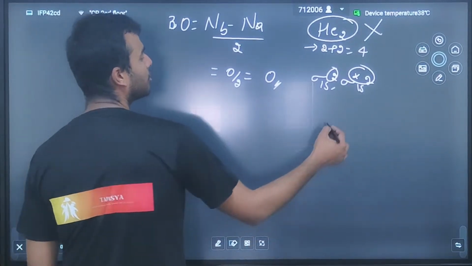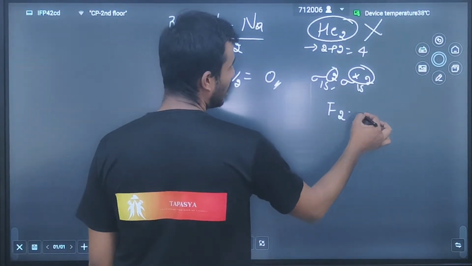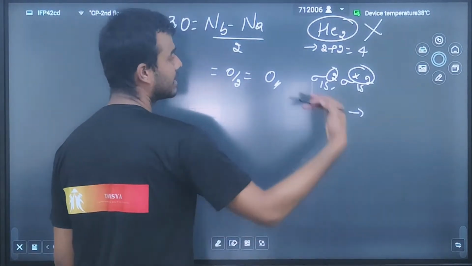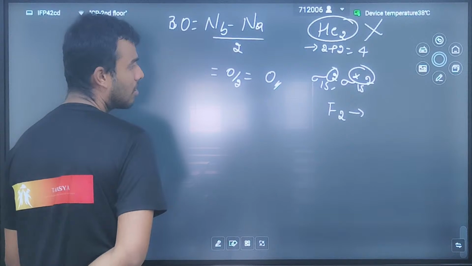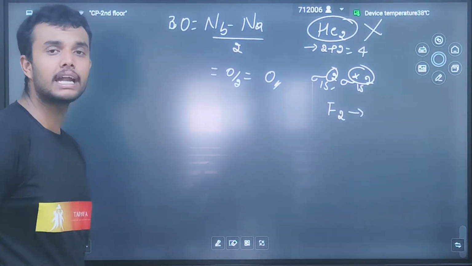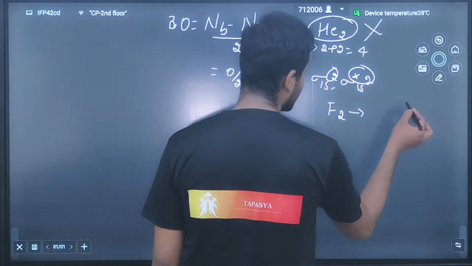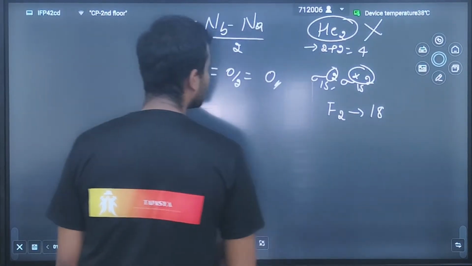Similarly, my dear students, if you want, you can consider F2. Let's fill that one. F2 means how many fluorine atoms do we have? We have 9 electrons in 1 fluorine atom, 9 plus 9, 18. Fill that one.